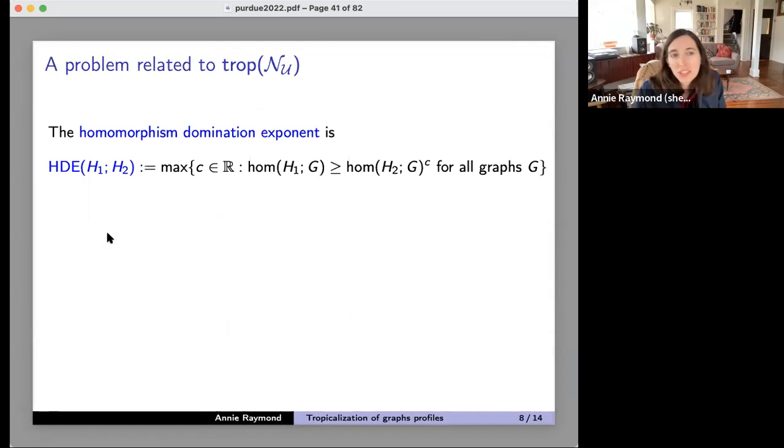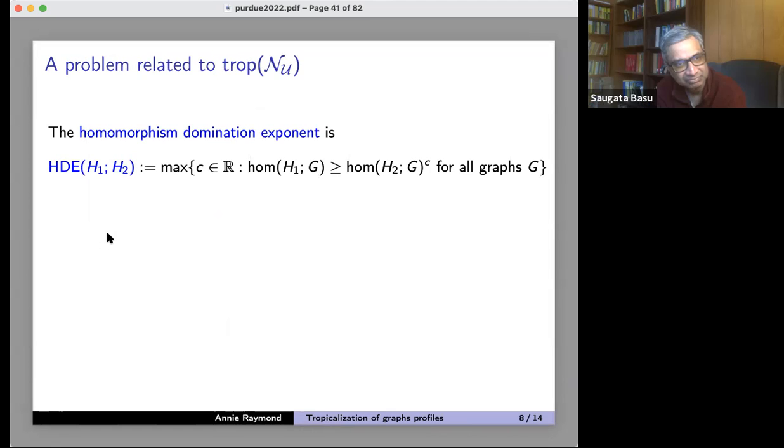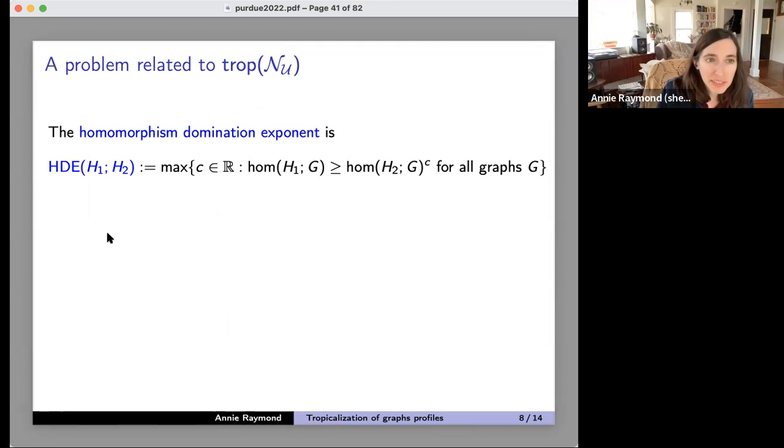All right, so let me show you a problem from extremal graph theory that is related to the type of information that we retain from taking the tropicalization. The homomorphism domination exponent is written as HDE of H1, H2, where H1 and H2 are two graphs.